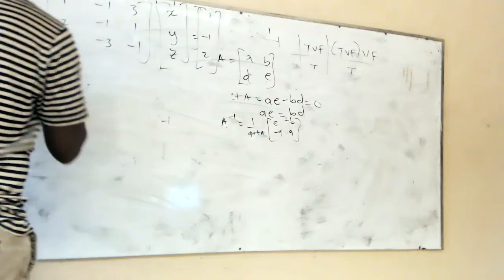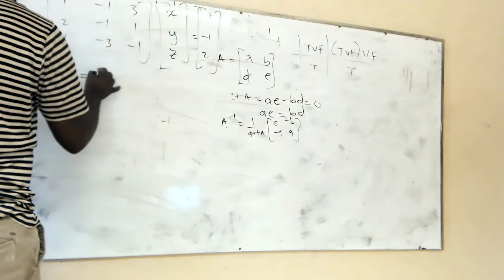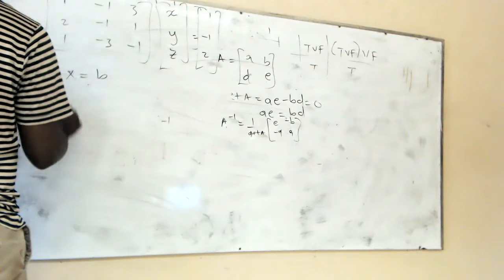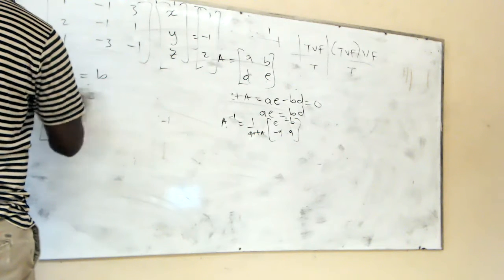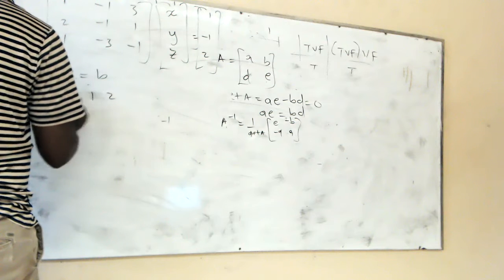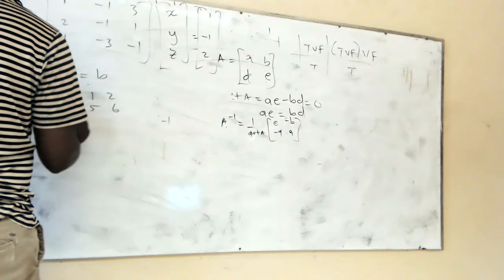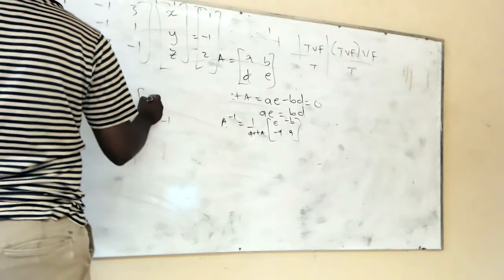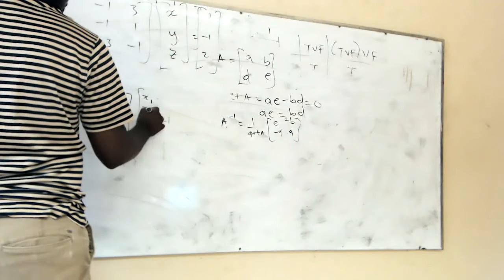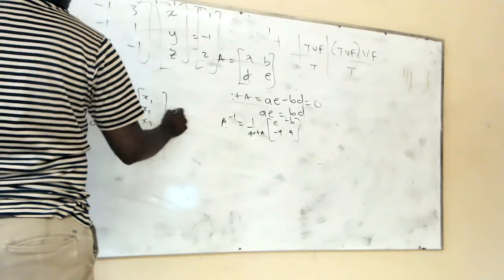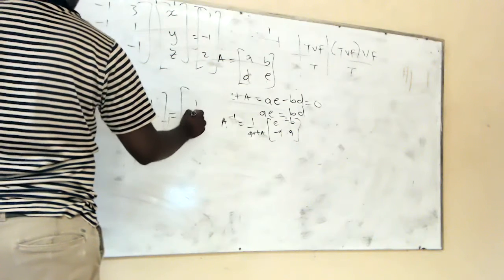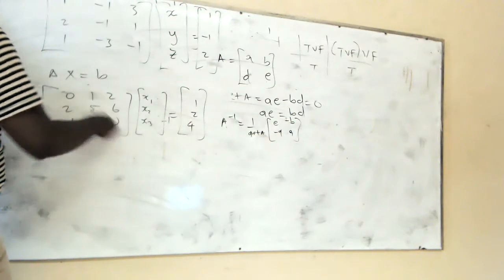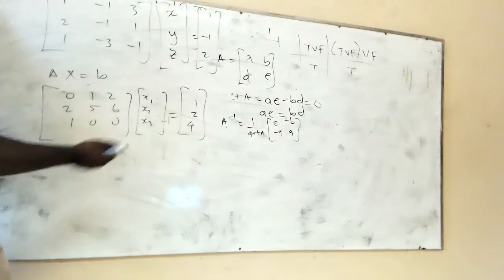So matrix A is 1, 0, 0, 1, 2, 2, 5, 6, 1, 0, 0. And then we multiply this with the variables that are given here, which is x1, x2, and x3. And then on the right hand side, we have 1, 2, and 4, of which you just multiply this with that, this with that, this with that, and you obtain the values.